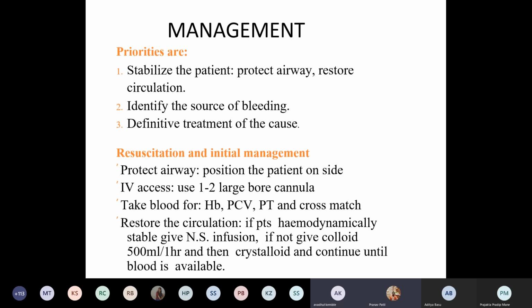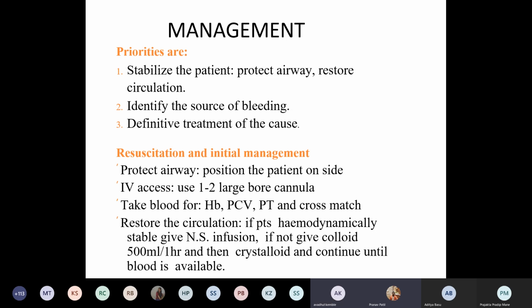Now, resuscitation and initial management. As I told you, first we have to protect the airway, position the patient on one side, and see that a proper airway is maintained. Then intravenous access is taken secondly. Once you take the intravenous access, you take blood for the complete blood count, prothrombin time, and cross-match, and restore the circulation.